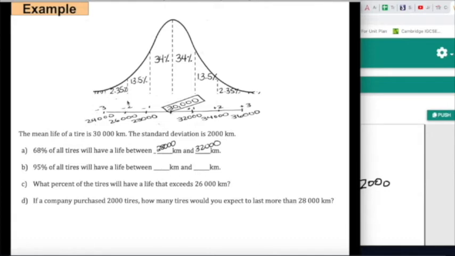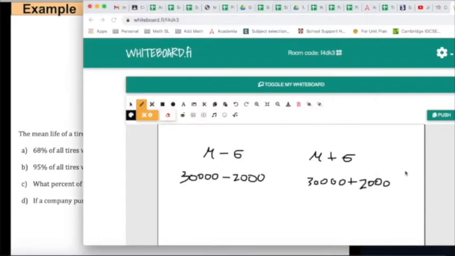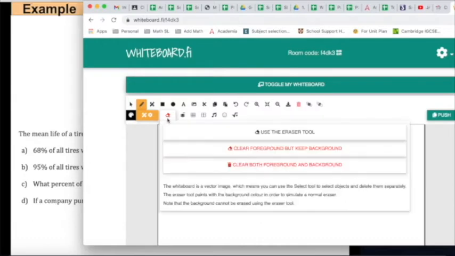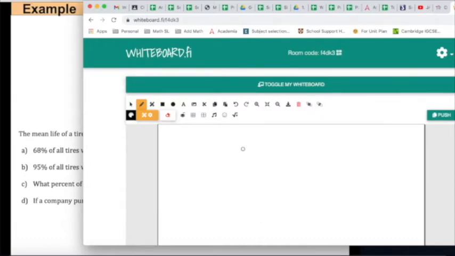Now this is the area under the curve which is equal to 95%, which is mu minus 2 sigma and mu plus 2 sigma.